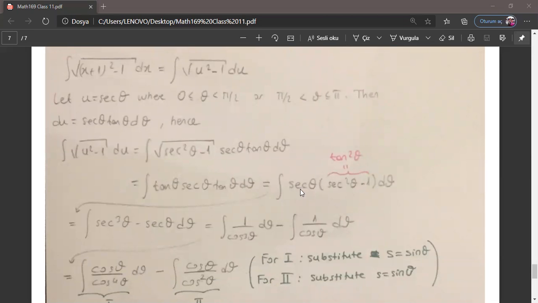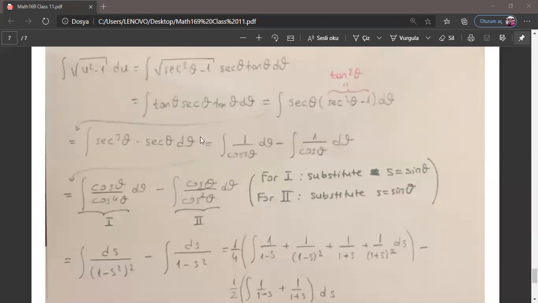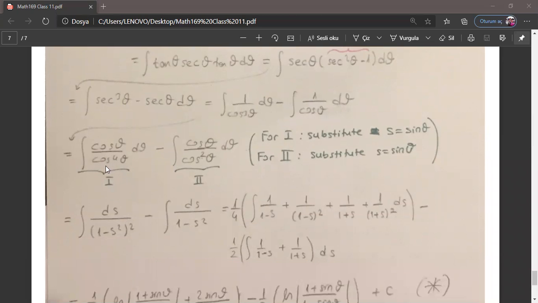Now we distribute this secant into the parenthesis and get this integral, secant cubed minus secant theta. Okay, so if we write them explicitly, we have 1 over cosine cubed minus 1 over cosine theta. Now let's call the first integral 1 and the second one 2 more.